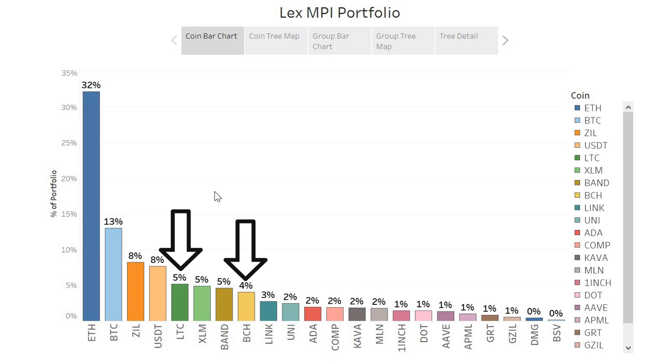They were popping, they were doing their thing back in 2017. Not much has happened to them over the past 3 to 4 years, and not much will happen to them. I think people are holding them because they bought them and they're hoping to make a return, but not much is going to happen. So Litecoin was meant to be a faster Bitcoin. Bitcoin Cash is meant to be a faster Bitcoin.